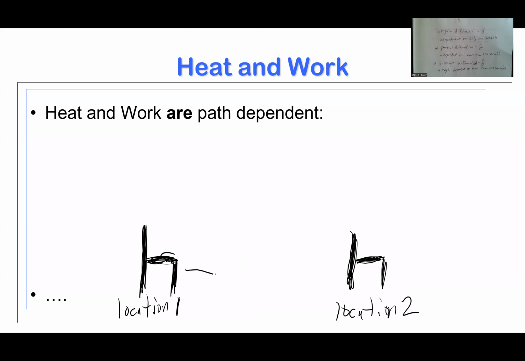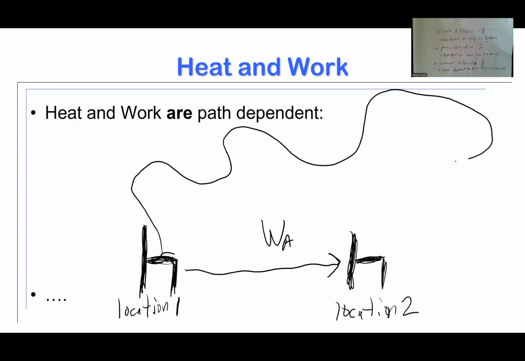So if I were to apply work just like this to get the chair along path A, from location one to location two, that's one amount of work, as opposed to if I took the chair around the back of the room, maybe took it out in the hall, dragged it along the floor, and then brought it back into the room and plopped it down in location two, that would be the work of path B. You'll notice that the work of path B is going to be much larger than the work of path A to achieve the same change in properties, to achieve the same change in location.